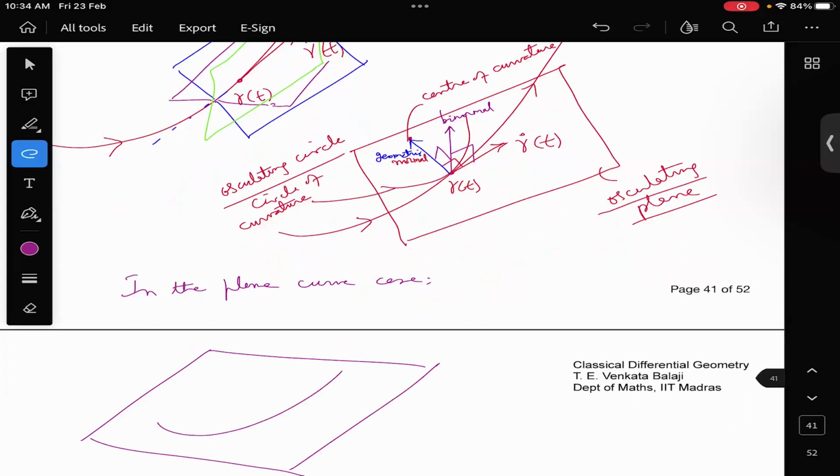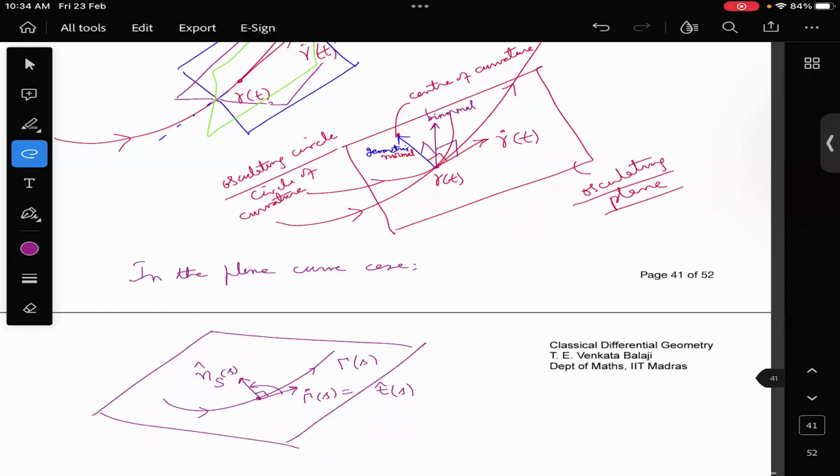So you have the curve gamma, and since I am going to write Frenet-Serret, I better use capital gamma of S. Then at every point I have the gamma dot, that is the tangent vector, and I'll just call it t cap of S. Then there is the signed normal, which is like this, n_s cap of S. This is a signed normal, and you go 90 degrees in the anticlockwise direction.